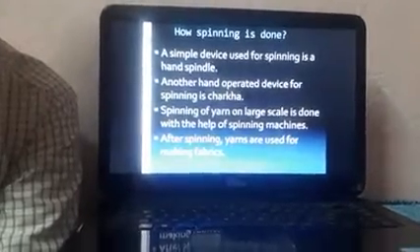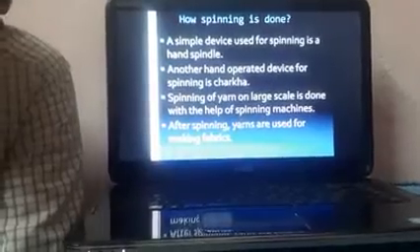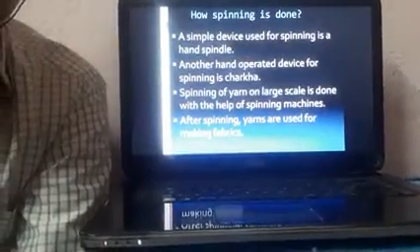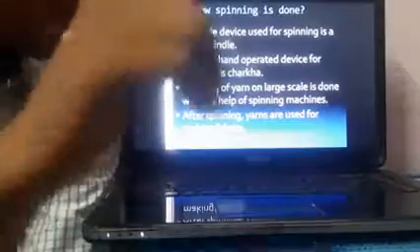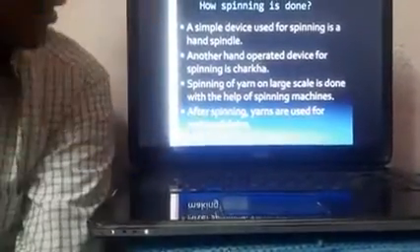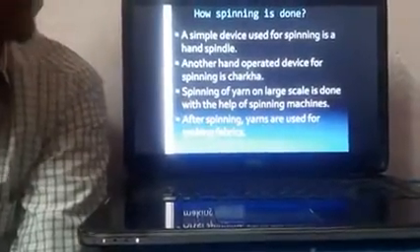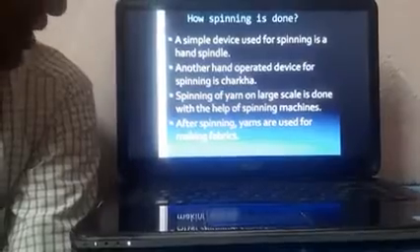You all know about the charkha. Mahatma Gandhi very much encouraged people to use the charkha. Spinning of yarn on a large scale is done with the help of spinning machines. Nowadays, spinning machines are used for making yarns from cotton wool.